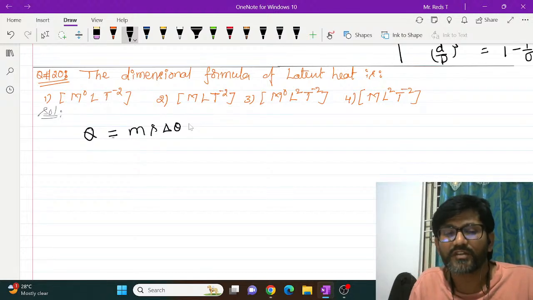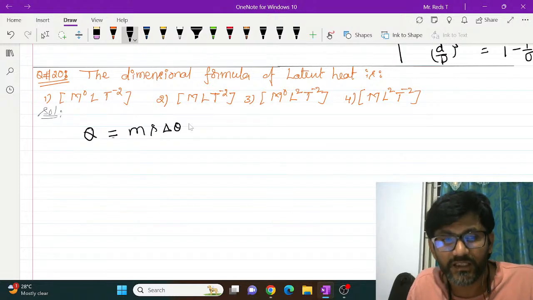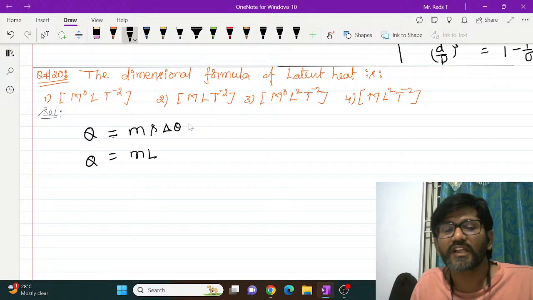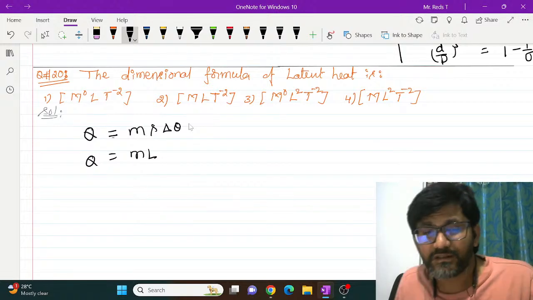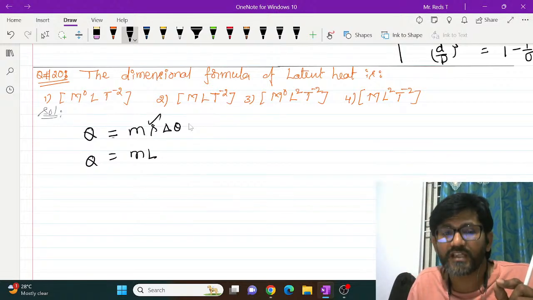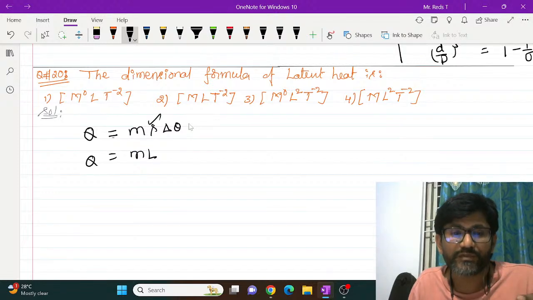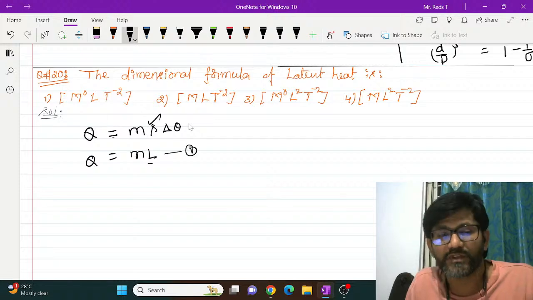Whereas if you supply some heat to a body and the supplied heat is utilized for change of state, then heat is equal to m into L. So if you are asked to find the dimensional formula of specific heat, you have to use this formula. For latent heat you have to use this formula.